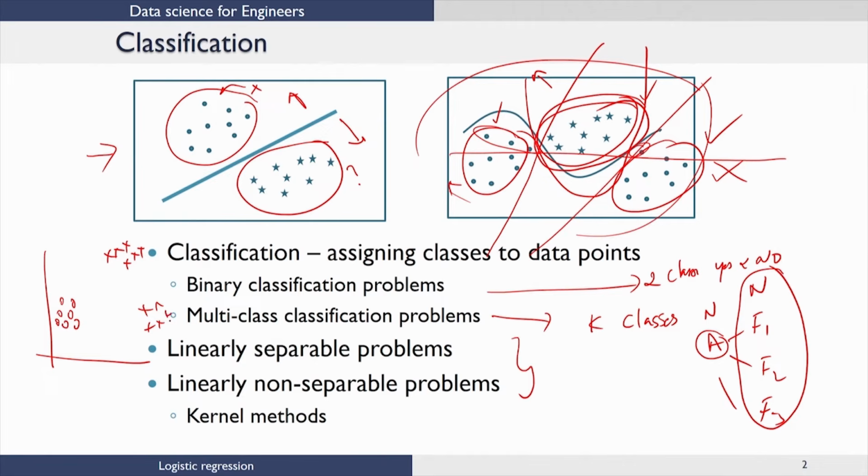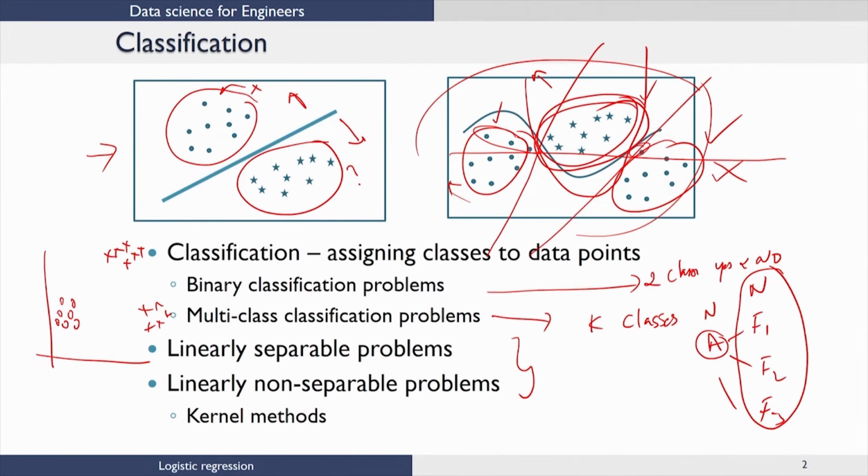So, these are 3 classes. Now, if I want to separate these 3 classes, I can ask myself if I can separate them through linear methods.